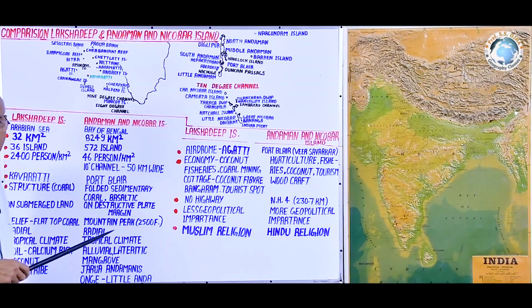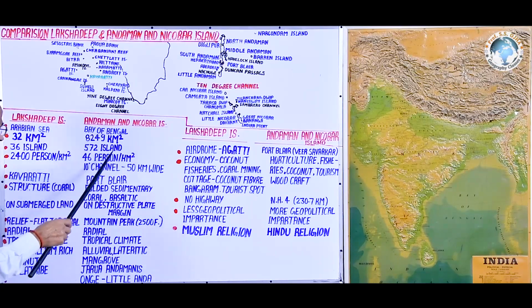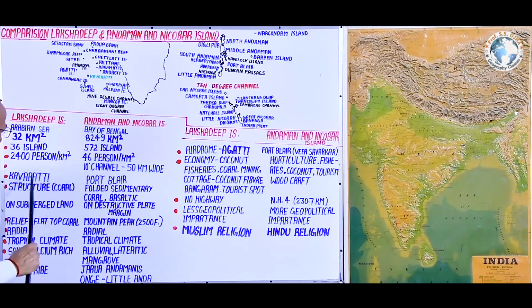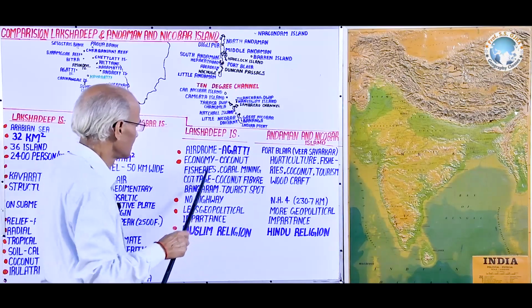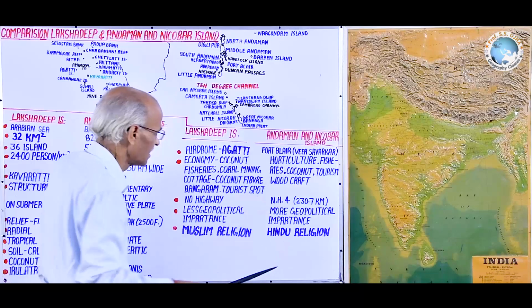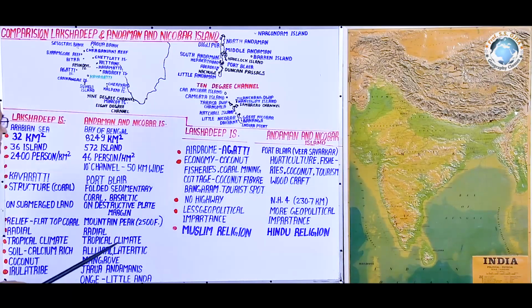Whatsoever aspect is asked, you will be able to reply to the Commission. These points are related to Lakshadweep and these points are related to Andaman and Nicobar, and there is a comparative study. Let us make a comparative study between the two.